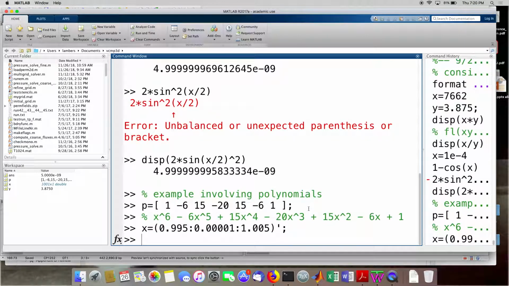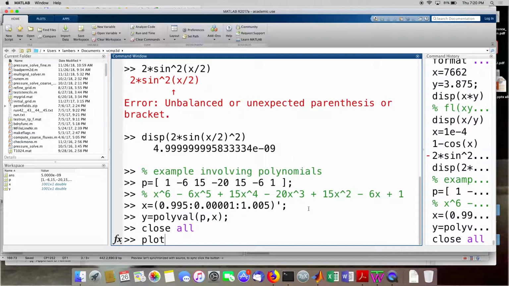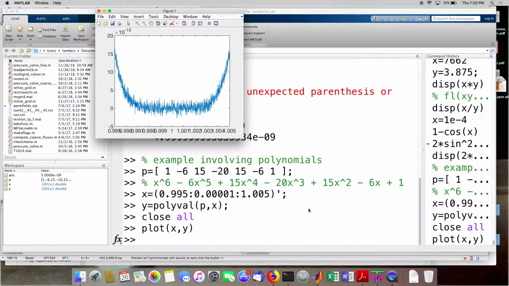And then I want some y values. So y is equal to polyval. I'm just plugging these x's into the polynomial. Now I'll make sure I have no figure windows open, and then I'll plot them. Okay, and thankfully that looked like how I expected.